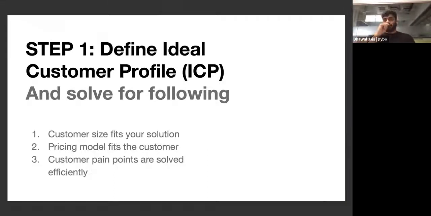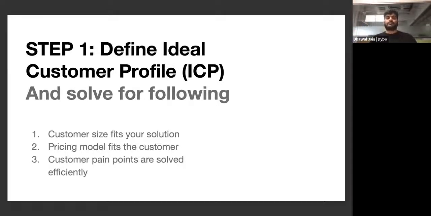ICP is basically like a resume of the customer who you think will buy from you, right? In an ideal world, if you have not gone behind the technology and have rather gone behind the problem, you would actually know this on day one, because you've seen the problem, or because you know somebody who has seen the problem. You know in which category you can put that customer, right?